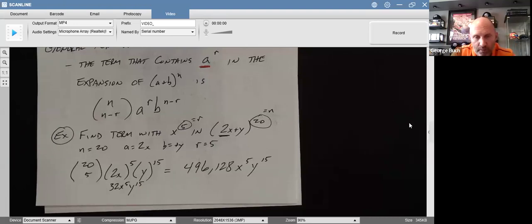You're not going to have to. But in this case, on WebAssign, where they randomly pick numbers, they can get pretty big, so you are allowed to use your calculator on the homework, on the in-class assignments, things like that. But on the exams, you're not going to have access to your calculator.